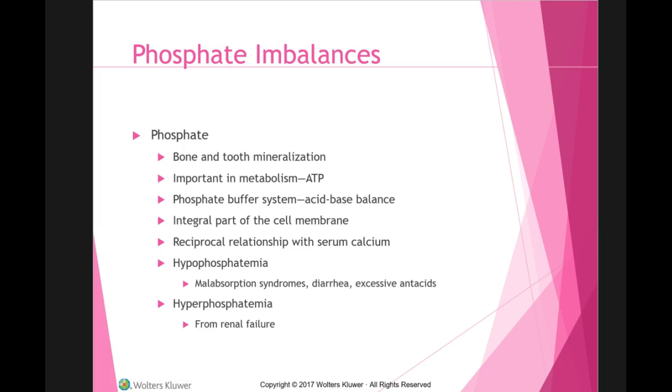So remember, cellular energy is ATP, so adenosine triphosphate. So you need phosphate to make the energy for the cell. It's also a buffer for the acid-base system, and we'll talk about that more in our next lecture.